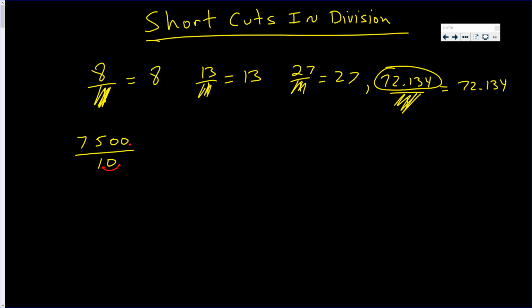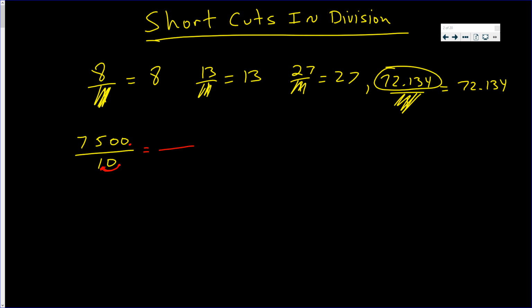You can move the top decimal to the right 4 places, but you have to move the decimal in the denominator 4 places to the right. You can move the decimal in the denominator to the left or right 4 times, but you better do the same to the top. Now, I'm motivated to move the decimal in the bottom to the left. Why?